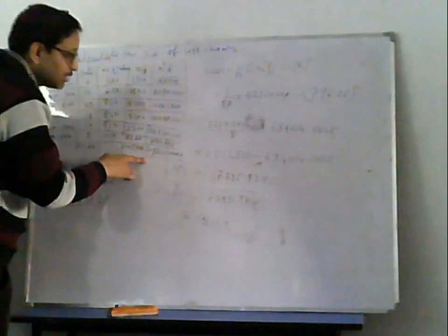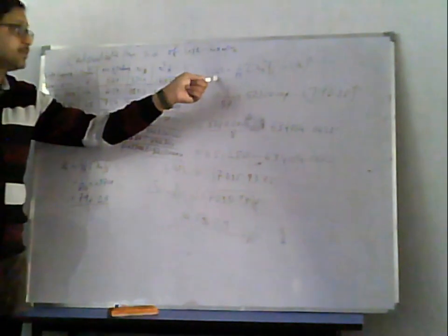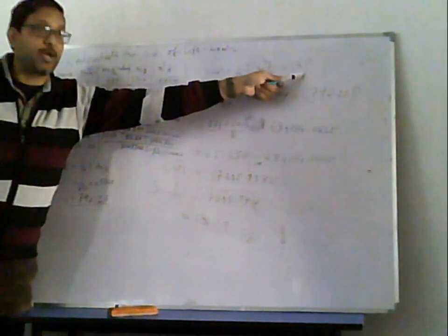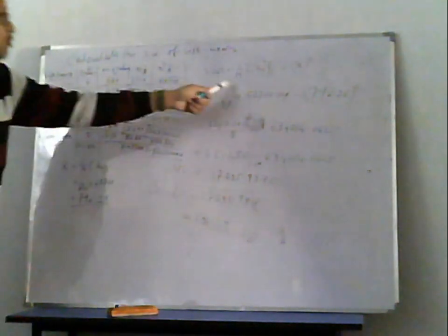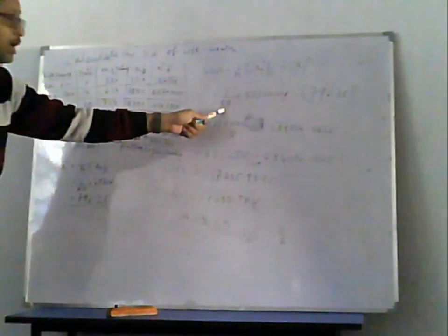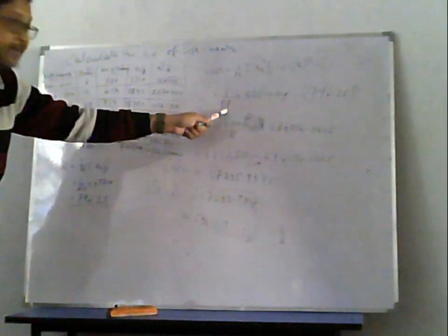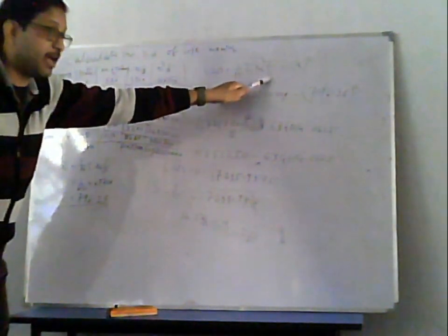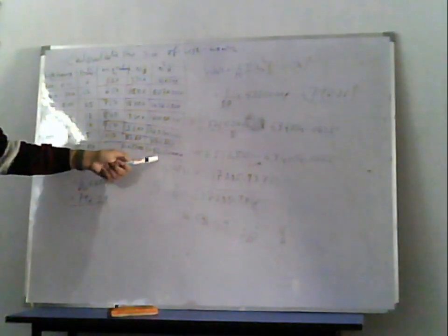After calculating this column, we calculate its sum. Then we write the formula of variance, 1 by capital N into sum of xi square into fi minus x bar whole square. What is the value of capital N? That is the total frequency, 80. We put the value of N, 1 by 80 into sum over xi square into fi.